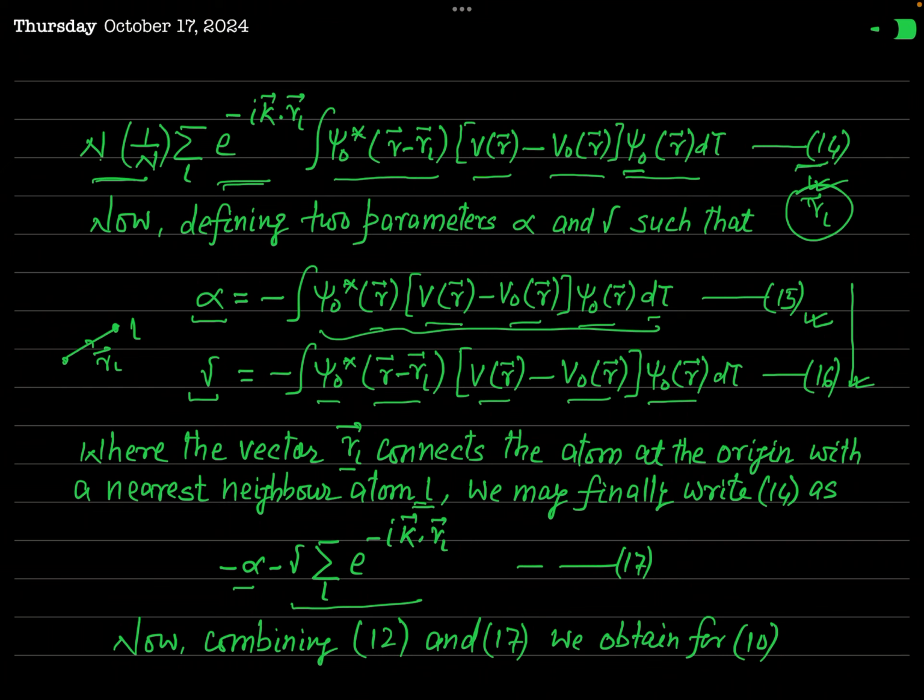So now equation 14 has been written in terms of these two parameters alpha and gamma defined in equations 15 and 16.